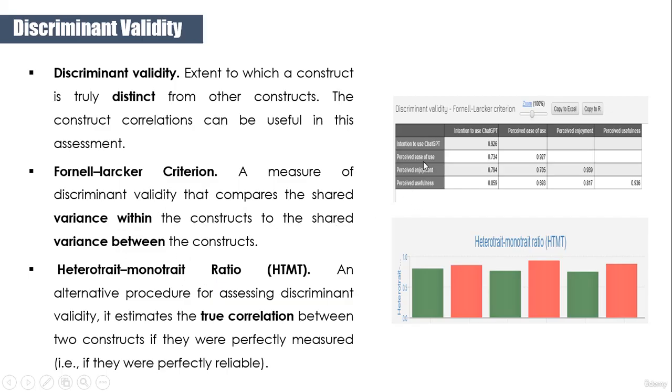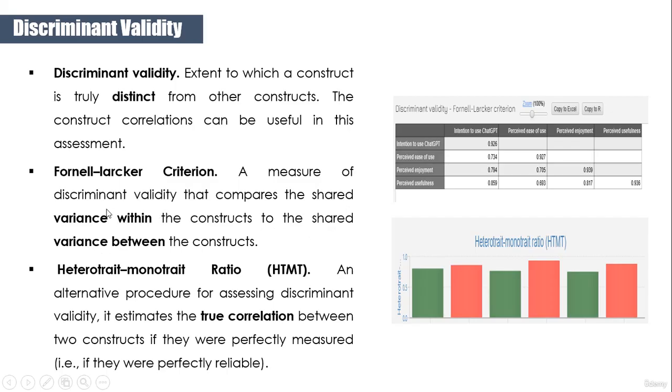It means that at first the average variance extracted of each construct is determined. After that, they take the square root of the average variance extracted. So the square root of the average variance extracted measures the variance within the construct, and the correlation coefficient between the constructs is measured as the shared variance between the constructs.